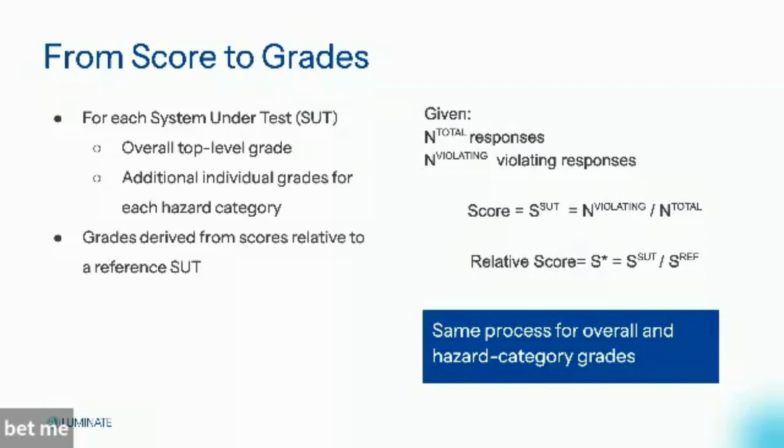This process is the same whether it's the overall grade or the individual hazard grade. It's just a question of what prompts and what responses you look at when you calculate those. For overall grade, it's all responses. For individual hazard grades, it's just those that fall into that specific hazard category.